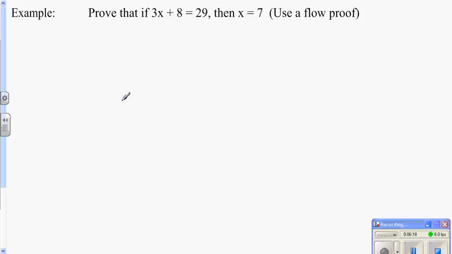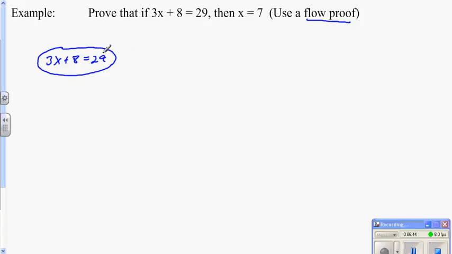Prove that if 3x plus 8 equals 29, then x equals 7. Now this is a flow proof. It's going to look a little bit different, but a flow proof works the same as a 2-column proof. We have to start with something. Okay, so that's our given.